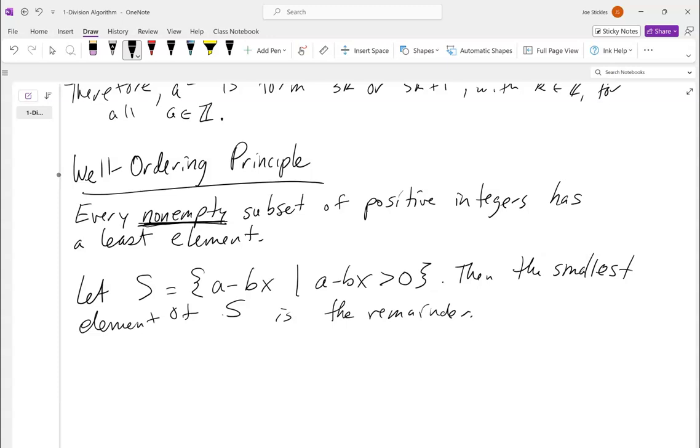Not the standard ordering. So, for example, the real numbers under the standard ordering don't have a least element. You can get as close as you'd ever want to 0, but never hit it, right? So in order to get a well ordering of the real numbers, you'd have to do a different ordering.